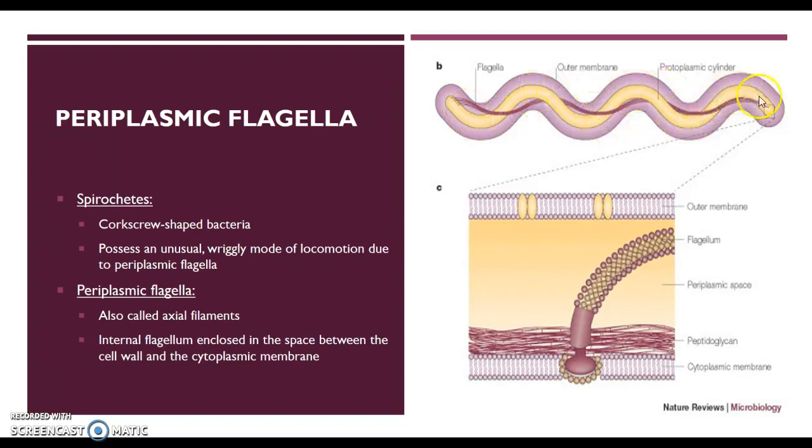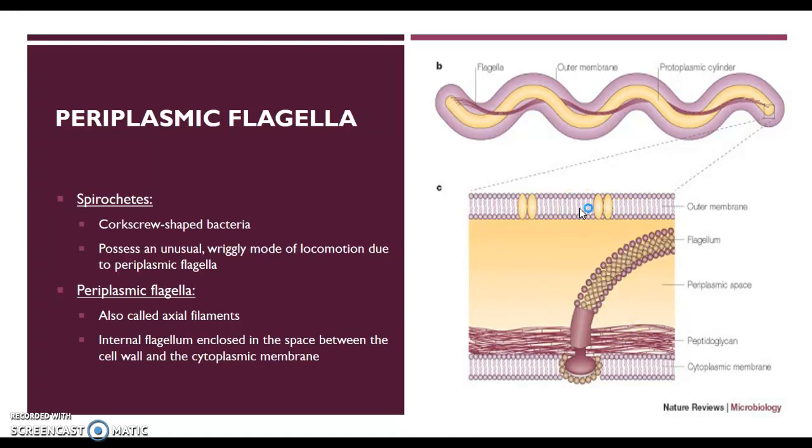They have this helical shape, and they have this outer membrane that you can see right here. The flagella is formed within the cytoplasmic membrane or the cell membrane, but it doesn't pass through the outer membrane. So it remains enclosed within the outer membrane.